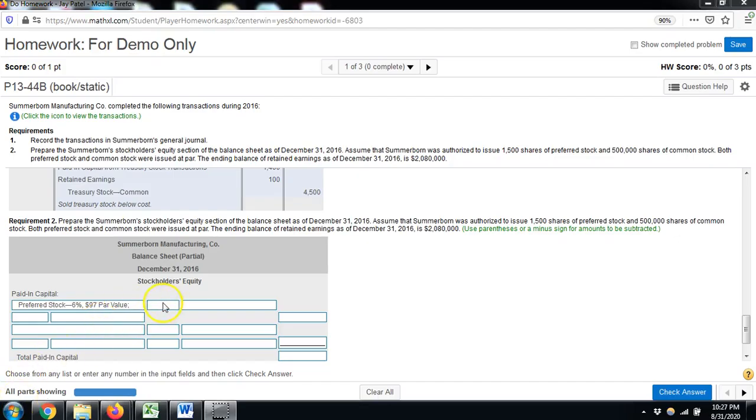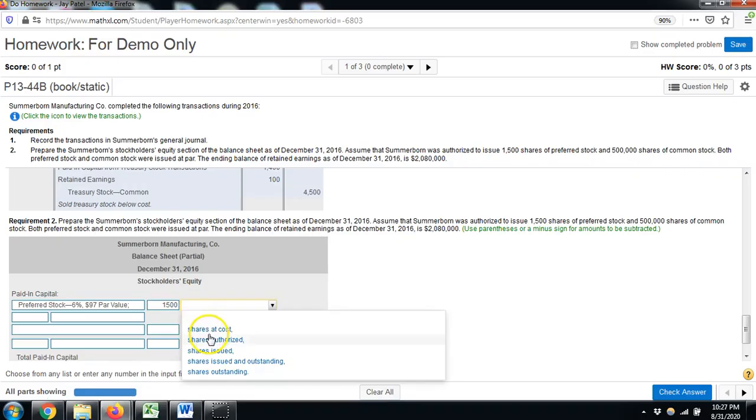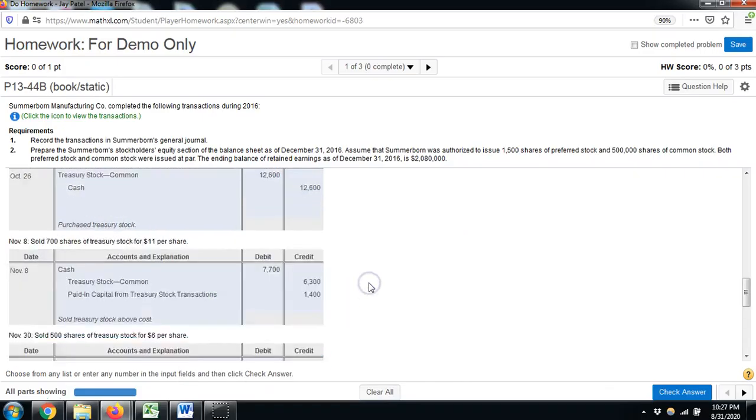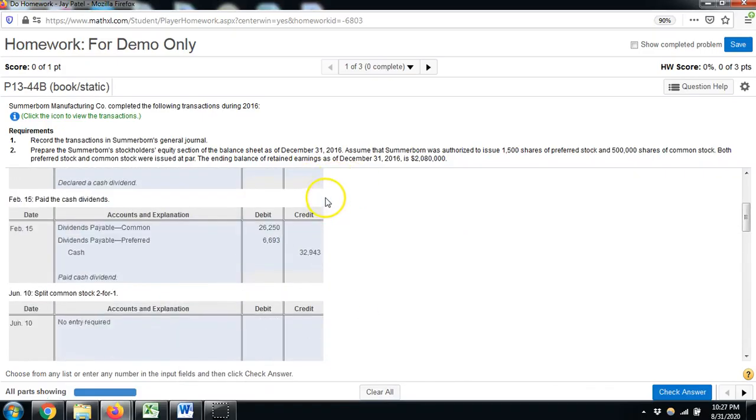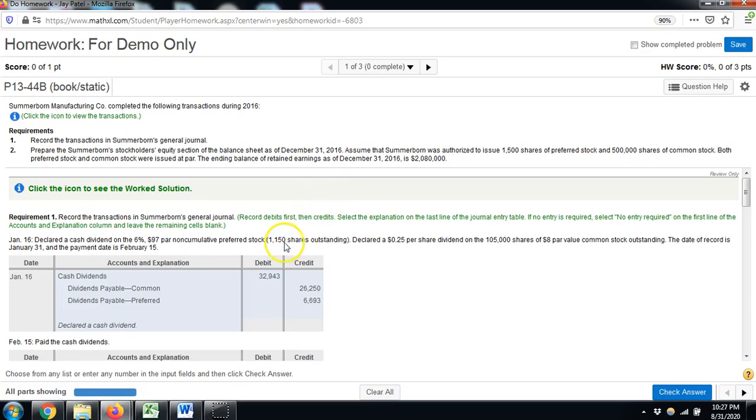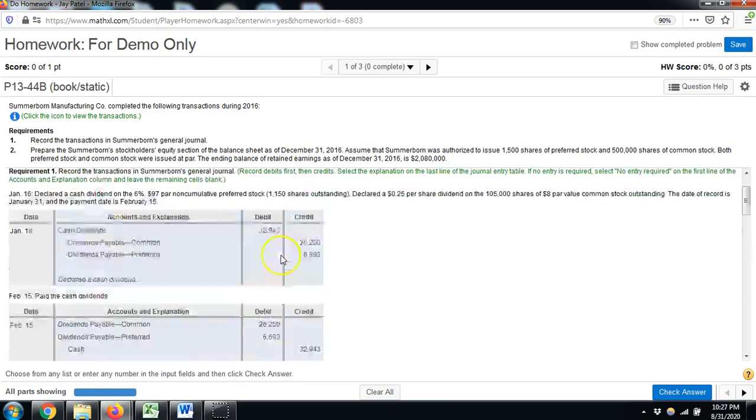Okay, I think the pattern is we're going to put the number of authorized here and then the number of issued and outstanding here. So it tells us that there's 1,500 shares authorized. And then we saw above that there are 1,150 shares outstanding.